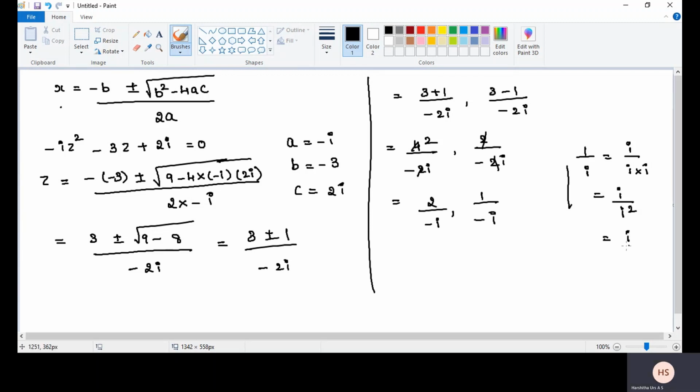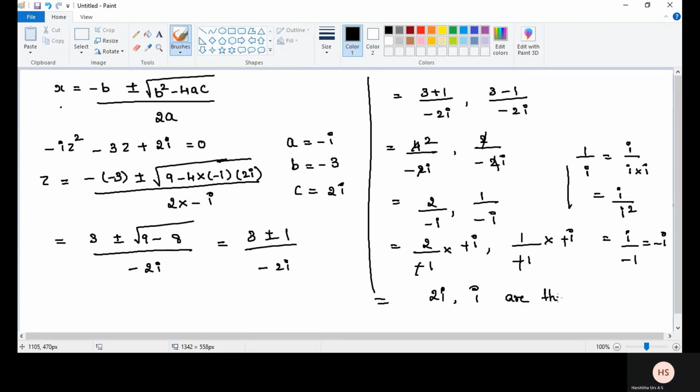We all know i square value is minus 1. So it will become minus i. Here 2 divided by minus 1. In the place of 1 by i, write minus i, comma 1 divided by minus 1. Here minus i. That is equal to 2i, comma i are the invariant points.